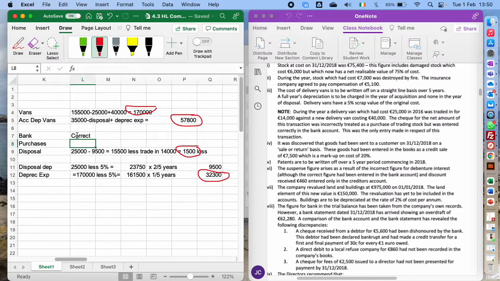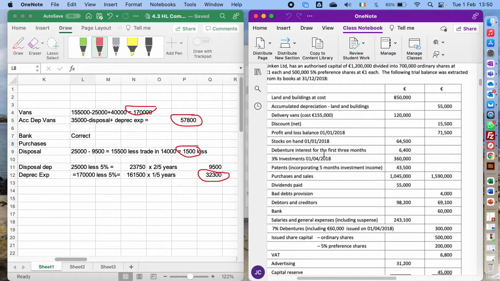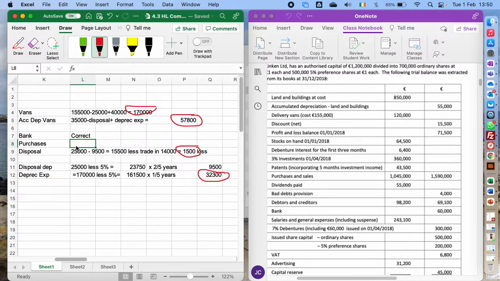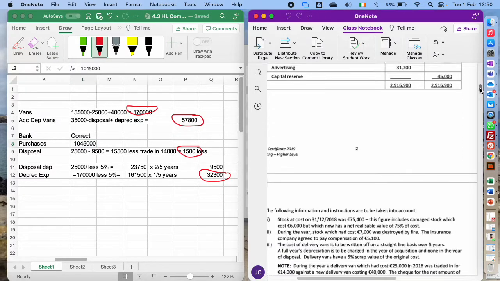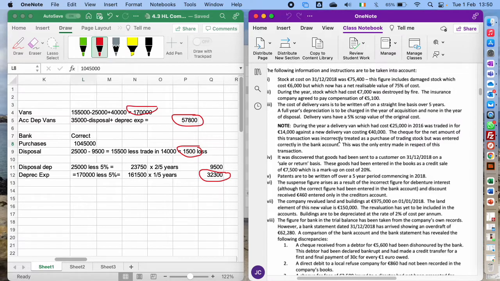I have to take it away from purchases because the purchase is too much. So I'm going to work on my purchases now. So it says up here, purchases is 1045. So 1045, so that's the purchase figure. And that number is wrong because I included in the purchase the check for payment.